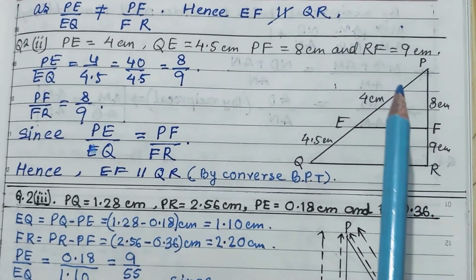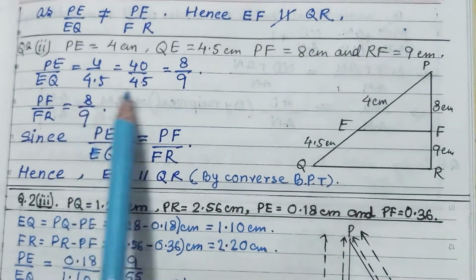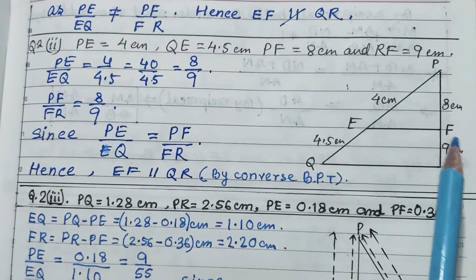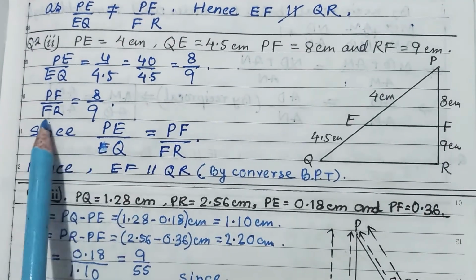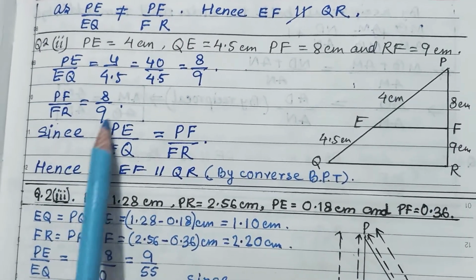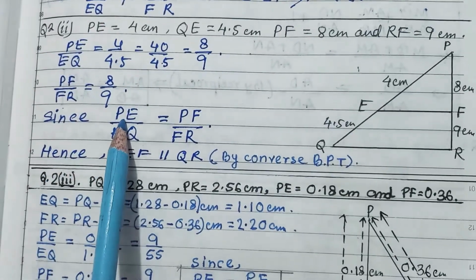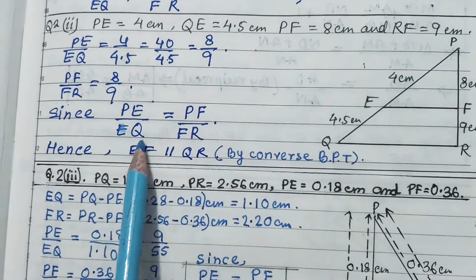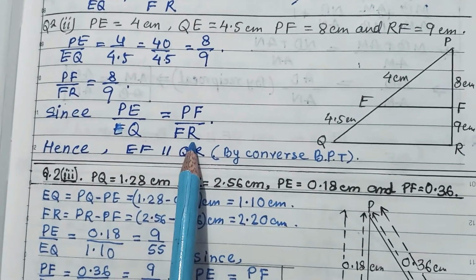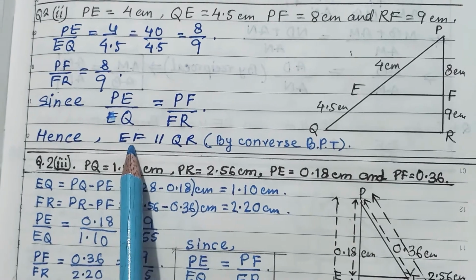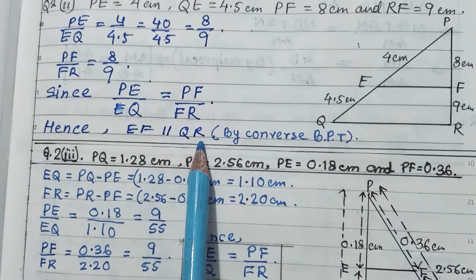Again check, PE upon EQ is equal to 8 upon 9 and PF upon FR is 8 upon 9. So both the values are the same. So we can write PE upon EQ is equal to PF upon FR. Therefore, by converse BPT, EF is parallel to QR.